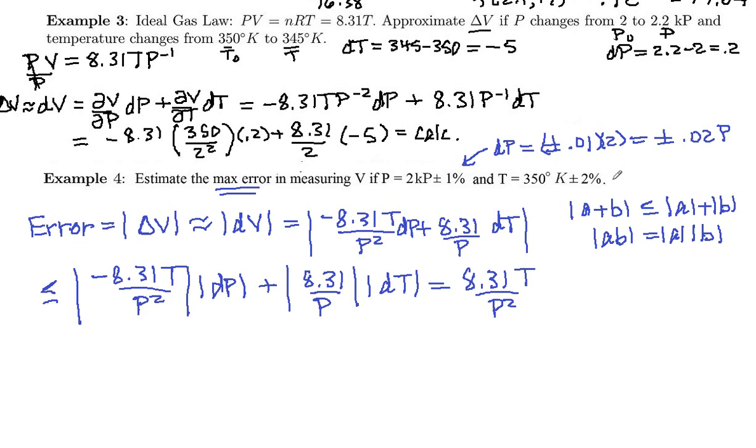And then we'll do the same thing here for temperature while we're at it. So the plus or minus 2% is telling us that dT is plus or minus 0.02 of the 350. And that's actually plus or minus 7 degrees.